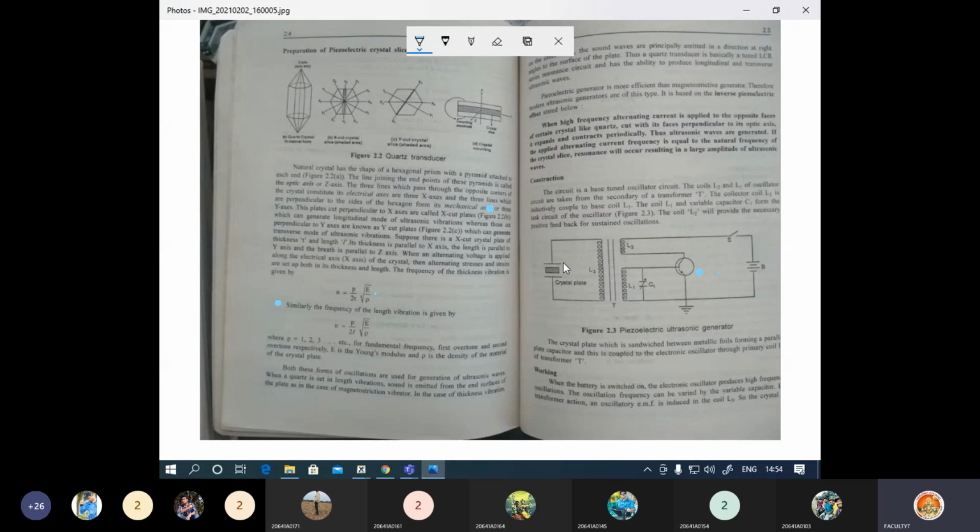If the frequency of vibrations of the crystal and the variable voltage produced are equal, you get resonance, and at that moment you get the ultrasonics. At resonance you get ultrasonics with larger amplitudes. That is the thing you need to consider.